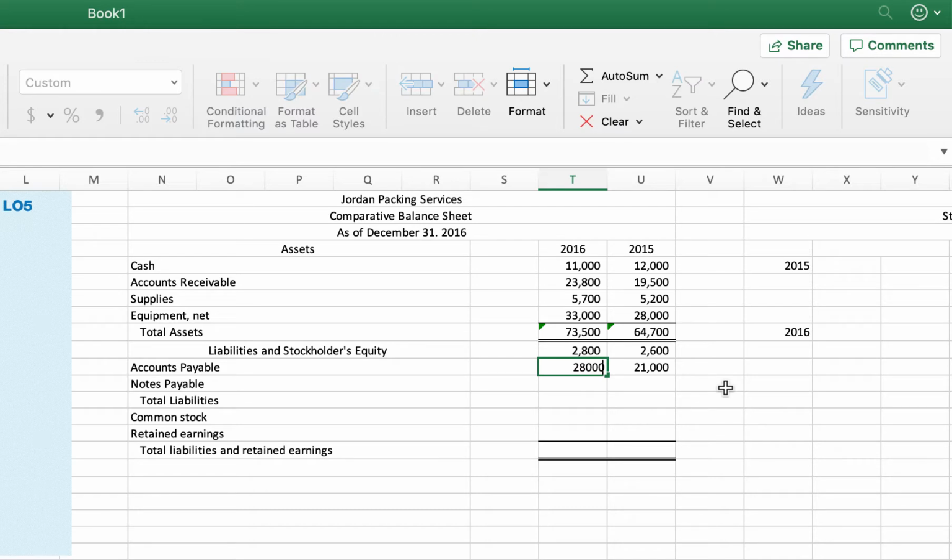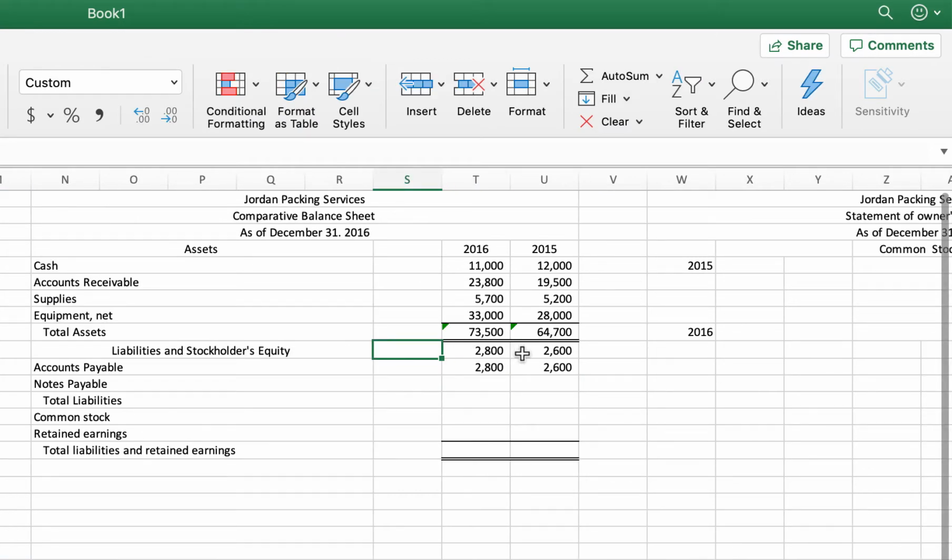It's kind of small on my end. Get rid of those. Okay. Notes payable again were 21,000 and 21,000. So I'm going to go ahead and put my single bottom border.